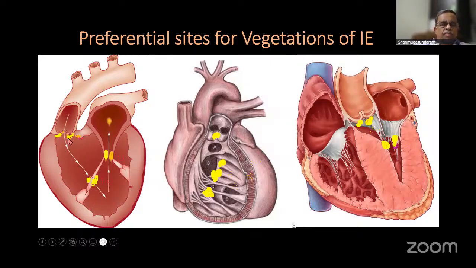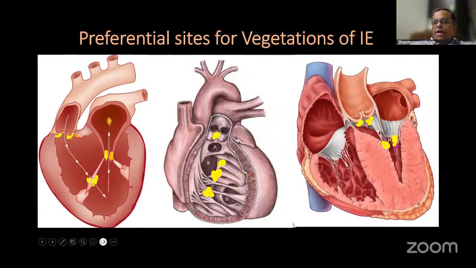And because the regurgitant jet, which contains the bacteria, strikes the mural endocardium, strikes the cardiac and papillary muscles, they can also be the sites of vegetations. In VSD, the right ventricular side of the VSD, the tricuspid valve, or the pulmonary valve would be the preferred sites of the vegetation formation.